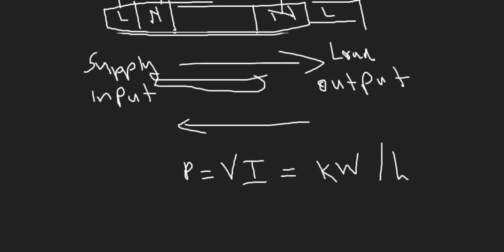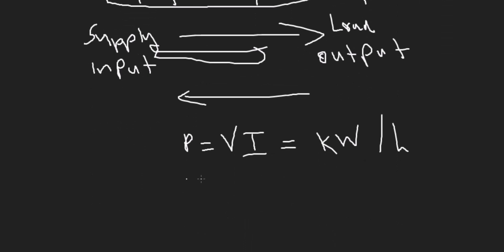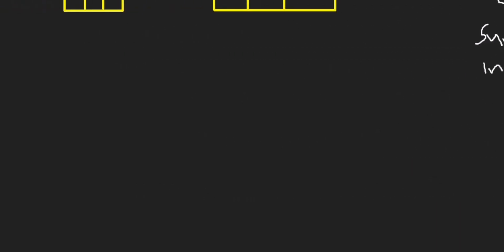Now, when you are dealing with a three-phase, this one is for a single phase. If you're going to use a three-phase, you are going to have three single phase energy meters.